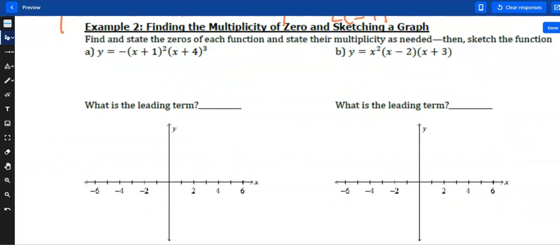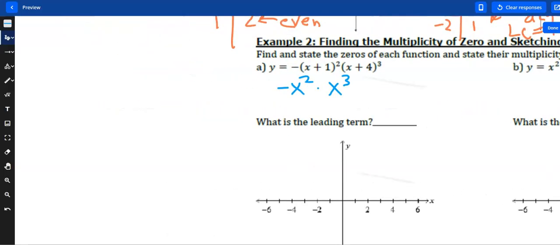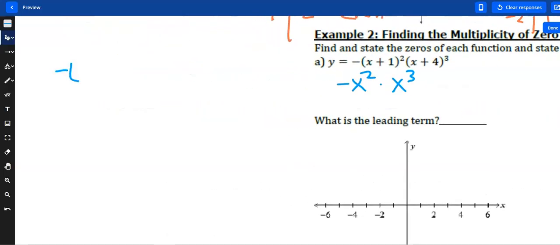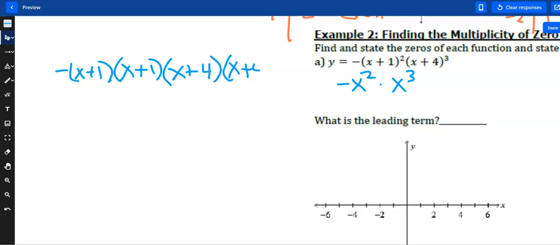So now we're getting into other examples. Leading term. Well, this is really like saying -x squared times x cubed. Now, did I write them all out and do it the old-fashioned way? No. Who in their right mind is going to do this? This is a waste of time. Don't do this.